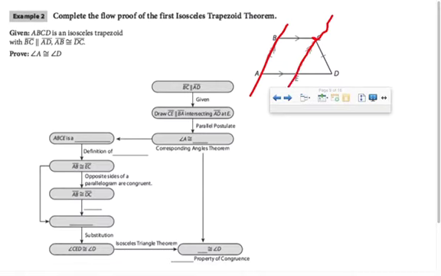And then angle A is going to be congruent to something because of the corresponding angles theorem. So angle A is corresponding to angle CED. They are corresponding angles. At this point, I want to apologize for an error in the textbook.